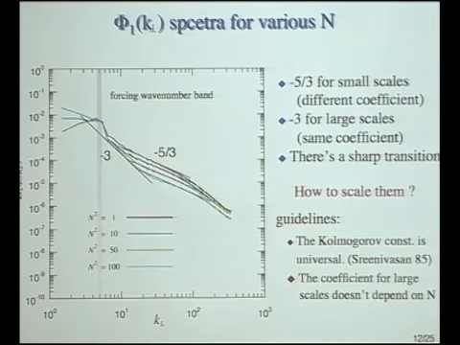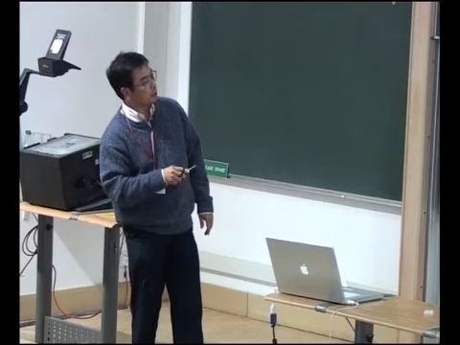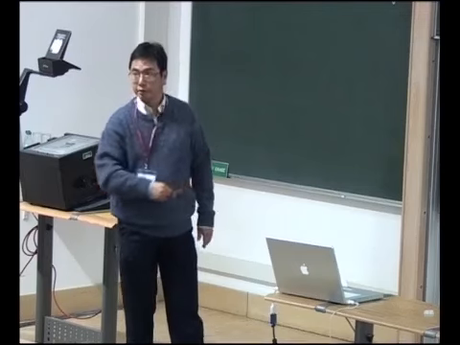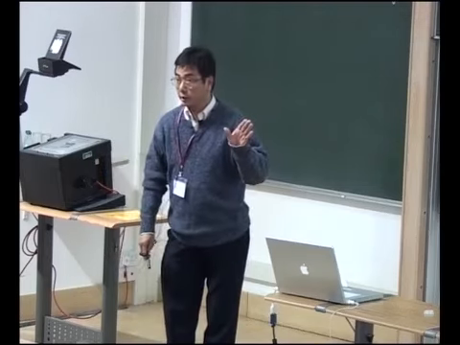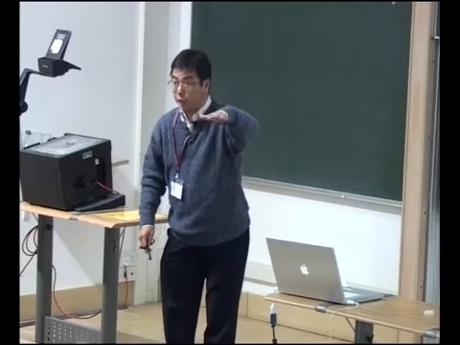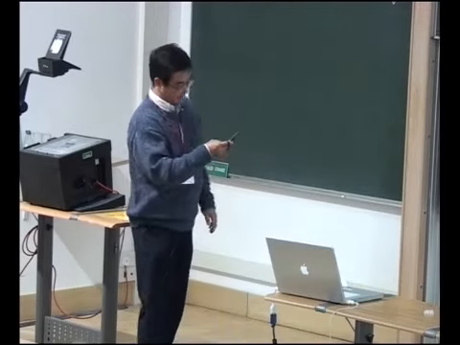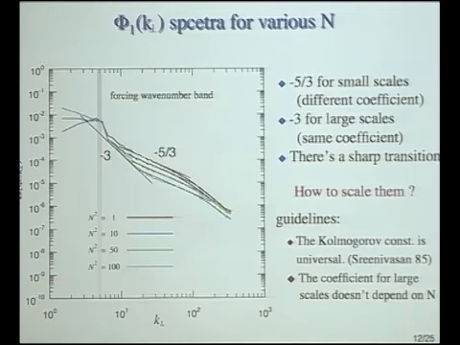And we employed these guidelines. First, the Kolmogorov constant is universal, even for the isotropic subset of anisotropic flows. That is a point. Meanwhile, the coefficient for large scale doesn't depend on N. Is the constant based on the 3D spectrum or 2D? 2D.